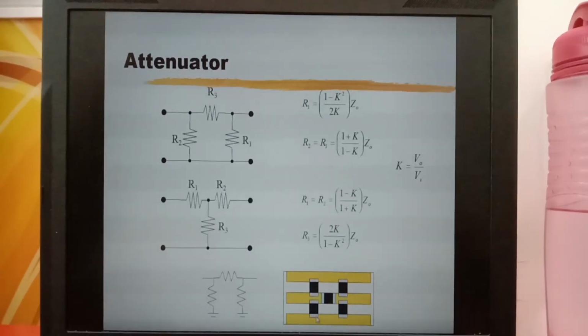Using two resistors instead of one reduces the parasitic inductance, and this will improve the performance of the attenuator.